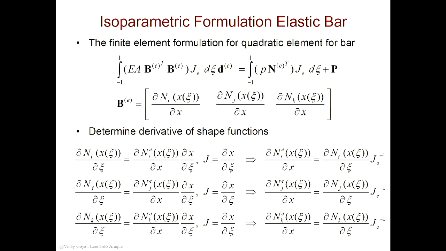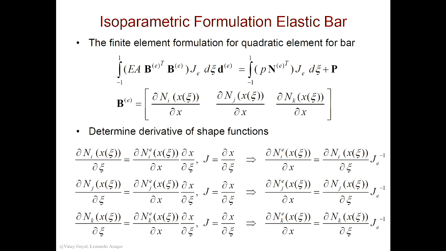This one, again, is J. You already know that. So I can solve for this here. And so now I have the component, which is that one, that has to go inside here. And I can repeat that for Nj and Nk. Okay, they all have the same thing, J inverse, J inverse, J inverse. You follow it for the quadratic element?